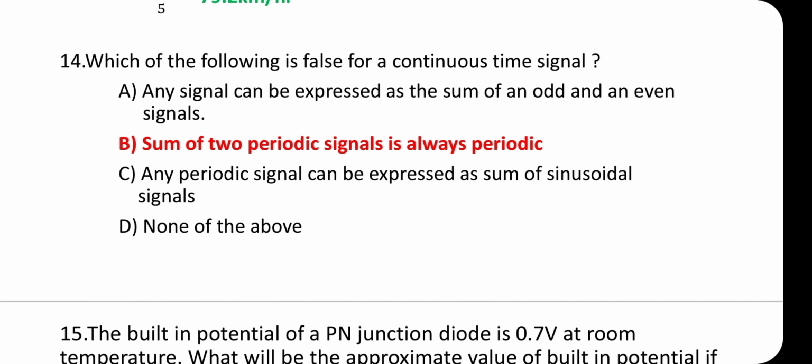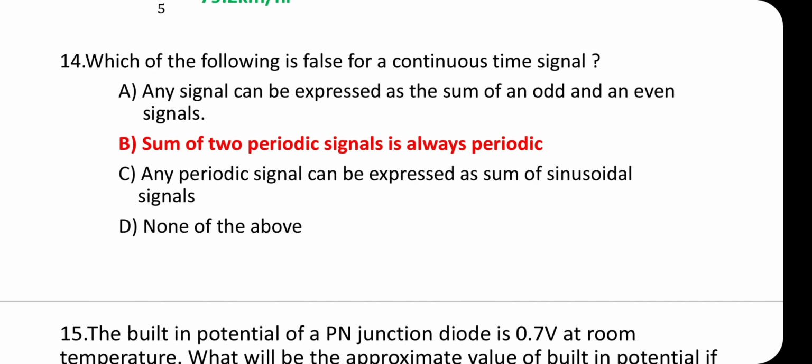A signal x of t is said to be periodic if, for some positive constant t naught, x of t equal to x of t plus t naught for all t. The smallest value of t naught that satisfies the periodicity condition of the above equation is called the fundamental period of x of t. The sum of two periodic functions is often periodic, but not always.